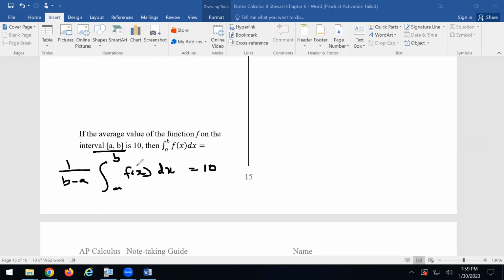We multiply both sides by b minus a to cancel it, so the integral from a to b of f of x dx is equal to 10 times b minus a. And that's how you would get your result. So set up the equation and then just go ahead and solve it.